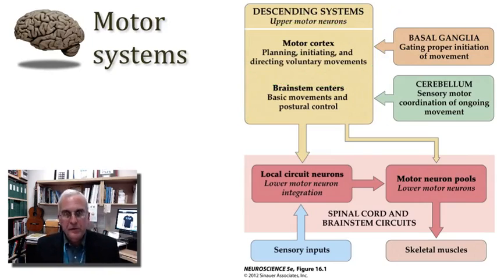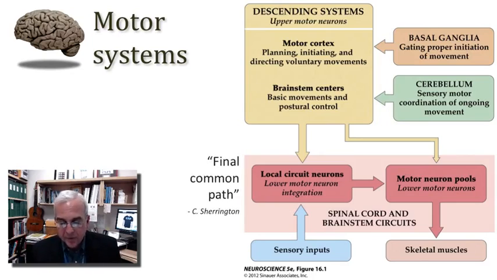Now, just to help us understand really the relationship between upper and lower motor neurons, I'll remind you of a memorable phrase that Charles Sherrington, great British physiologist in the early part of the 20th century, provided for us. He thought of these lower motor circuits as the final common pathway for movement.